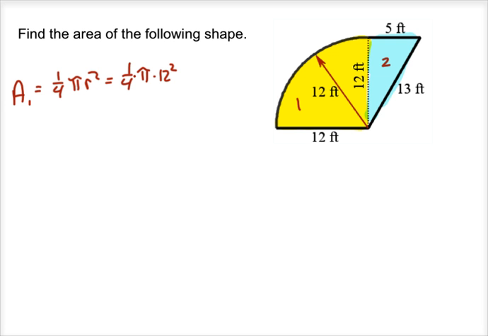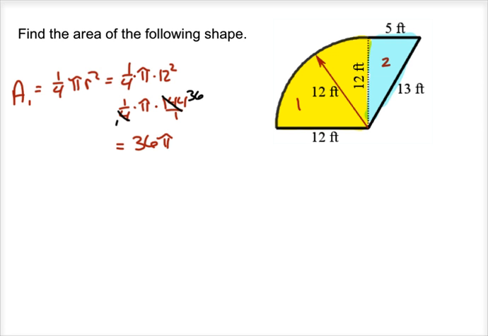If I simplify that, I get 1/4 times pi times 144. I can think of reducing between 4 and 144. So I can reduce by 4, and 4 goes into 144 36 times. So I get an area of 36 pi.